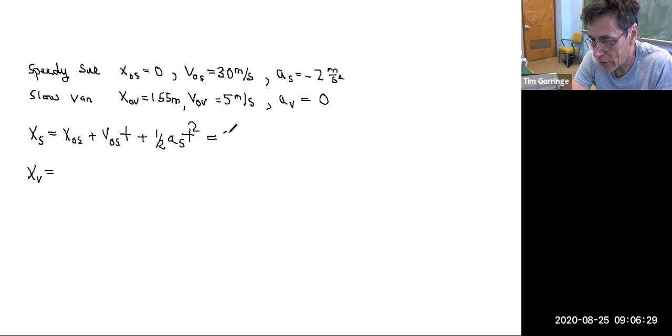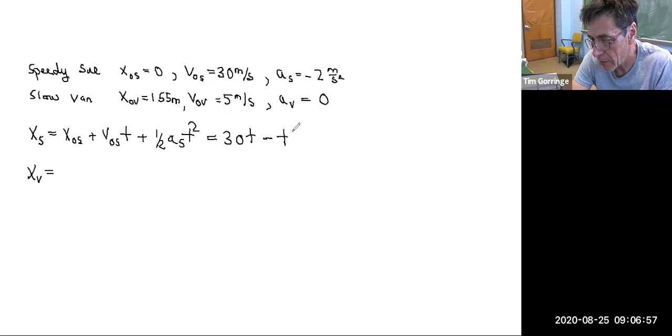The initial velocity is 30 meters per second, 30 times time, t. And the acceleration is -2 meters per second squared, so half of that is -1 meters per second squared.